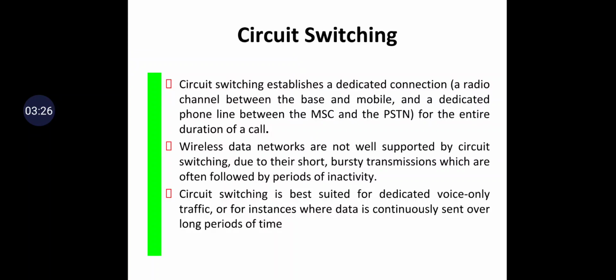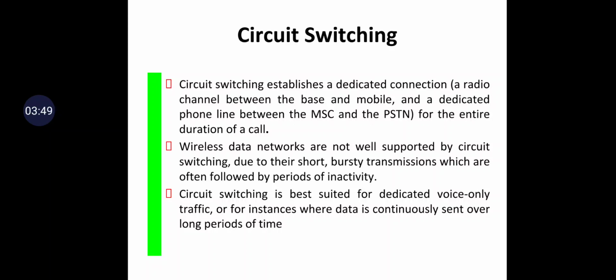So we have two types of switching. One is circuit switching and second one is the packet switching. Let's start with circuit switching. In the case of circuit switching, it establishes a dedicated connection between the base station and the mobile and a dedicated phone line between MSC and PSTN for the entire duration of a call.